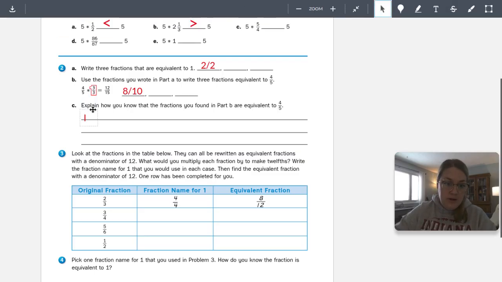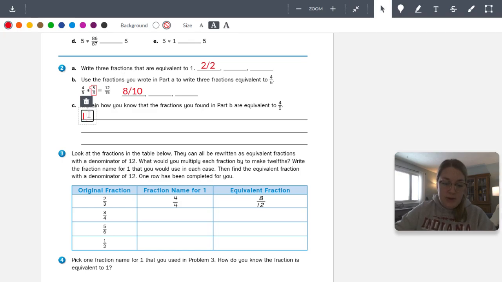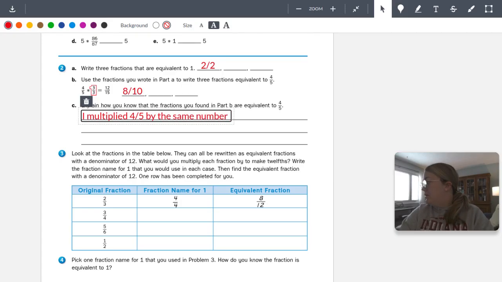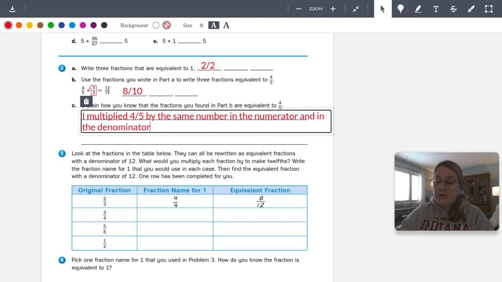I multiplied, and in this text box, we'll see what happens as it gets bigger, but this is what we're going to type. So I multiplied 4/5, and I might have to make this text smaller, by the same number in the numerator and in the denominator, which is like multiplying 4/5 by 1.